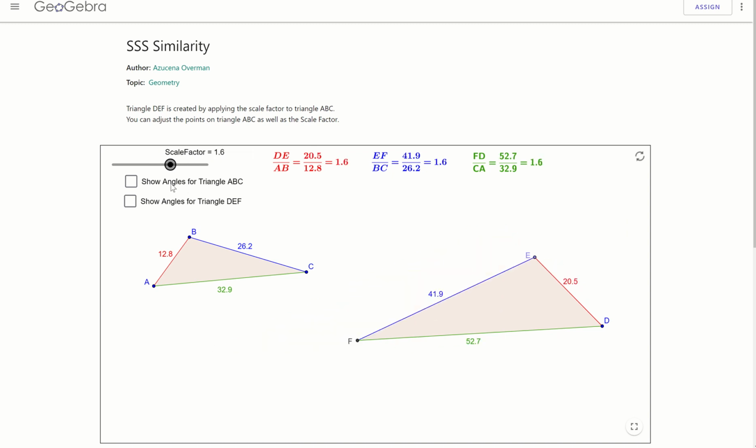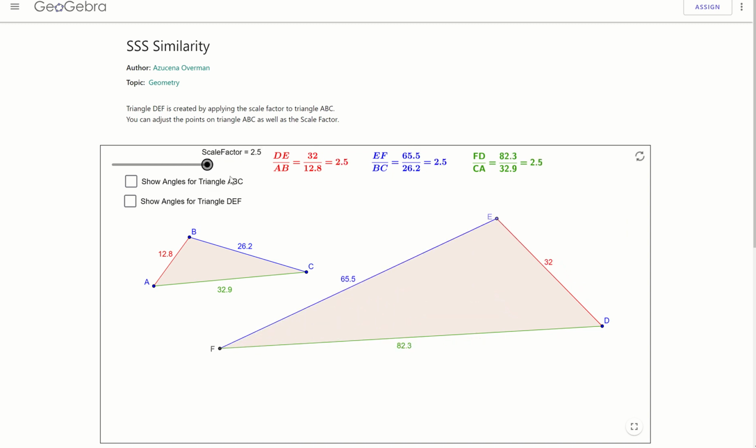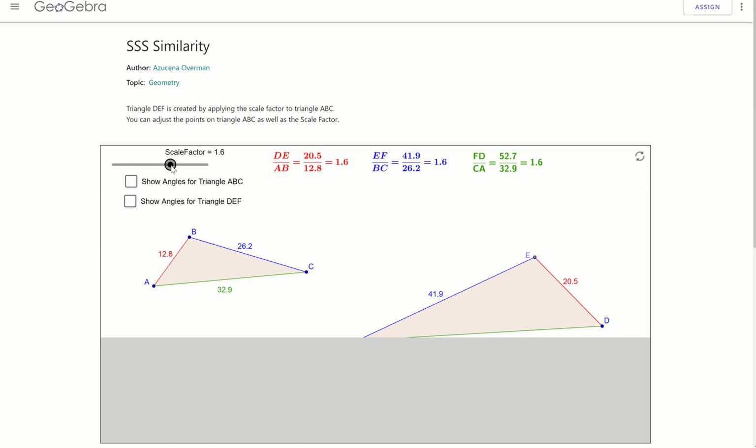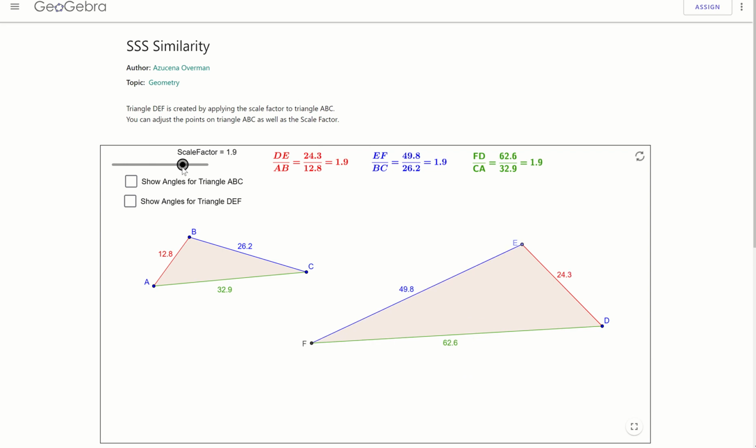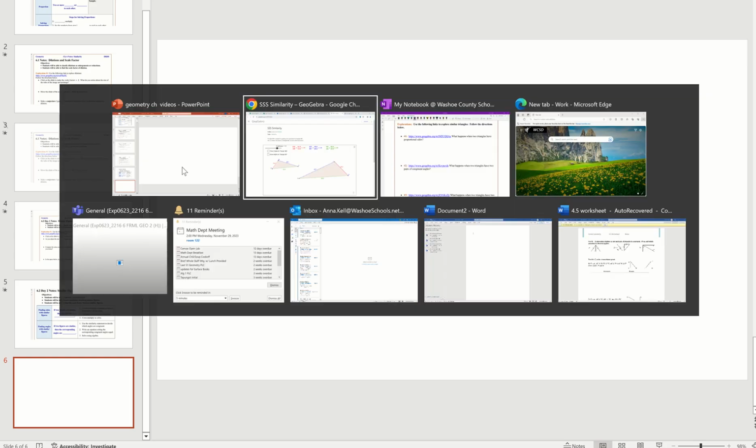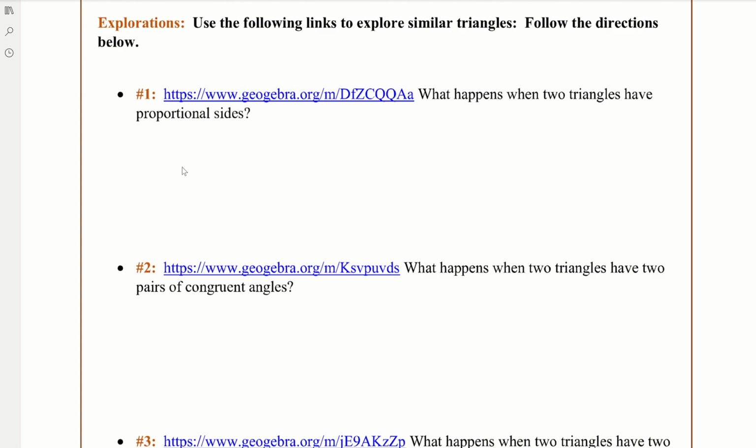When the sides are proportional, the triangles are similar. I'm going to say the triangles are similar.